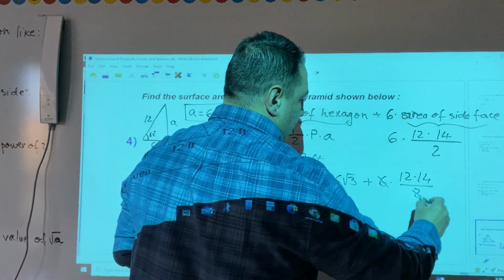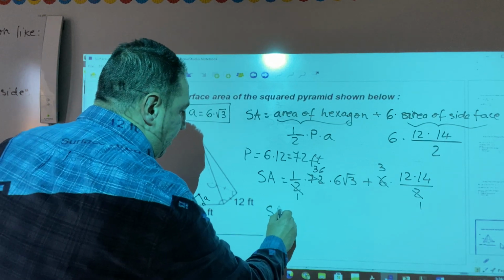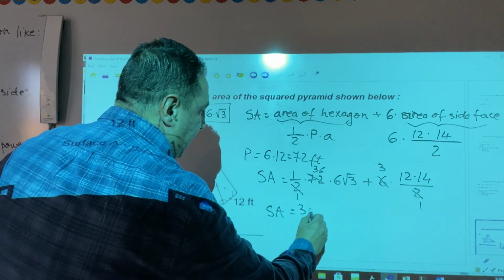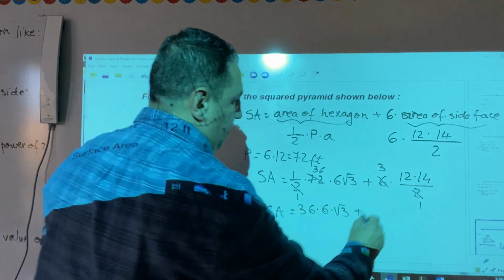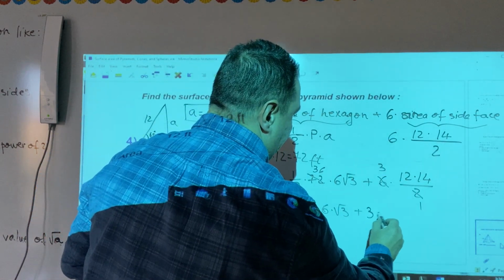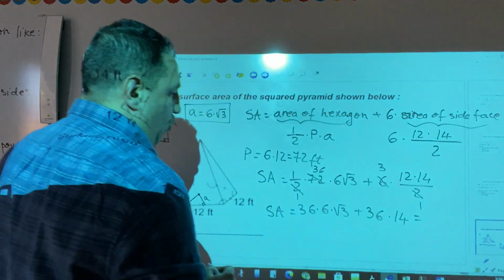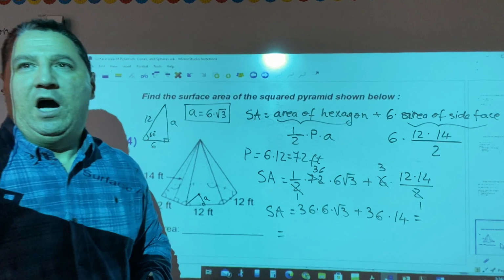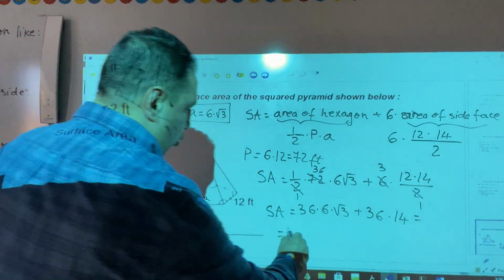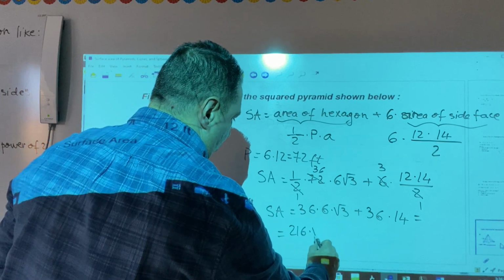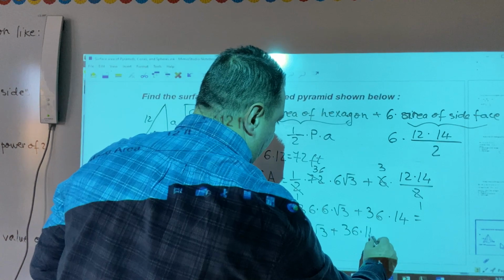Here 6 and 2, you get 3 and 1. So surface area would be 36 times 6 times square root of 3 plus 3 times 12 is 36 times 14, which would be 216 times square root of 3 plus 36 times 14.